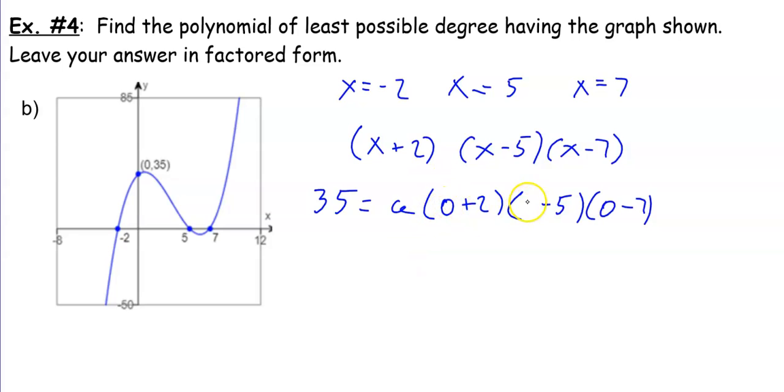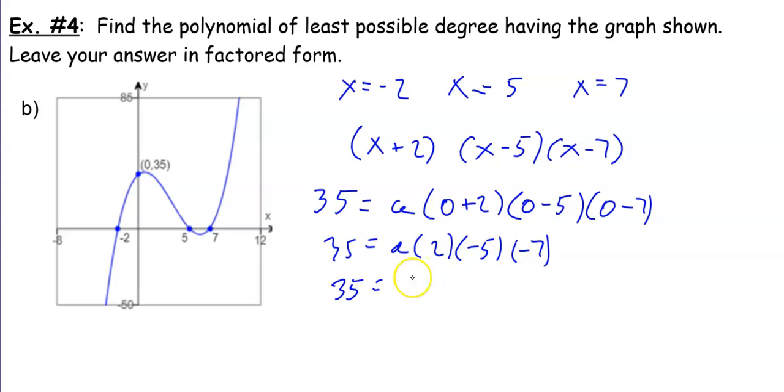No, I couldn't. Alrighty. So we're going to have 35 equals a times 2 times -5 times -7. So 35 equals 70a.